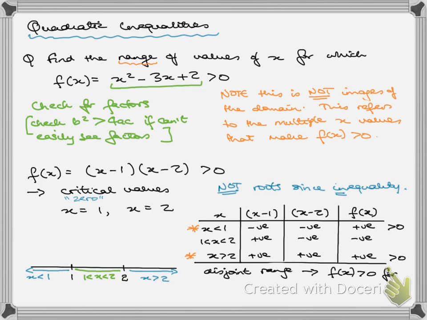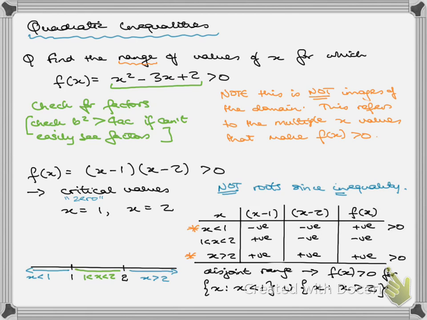So we are going to write our solution for f of x greater than 0 for x is such that x is less than 1, in our curly brackets to indicate that is one set, union the other set, x is such that x is greater than 2. That colon means such that, curly brackets, set of numbers.